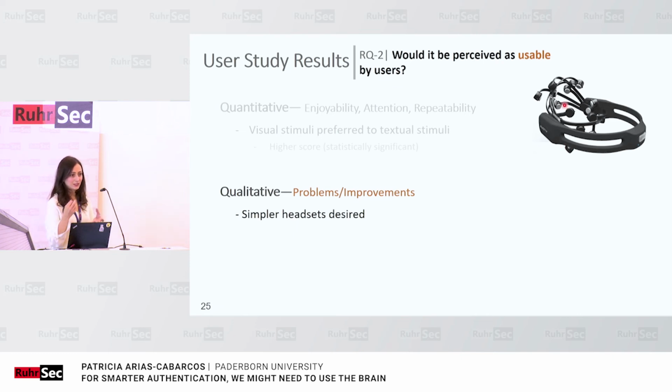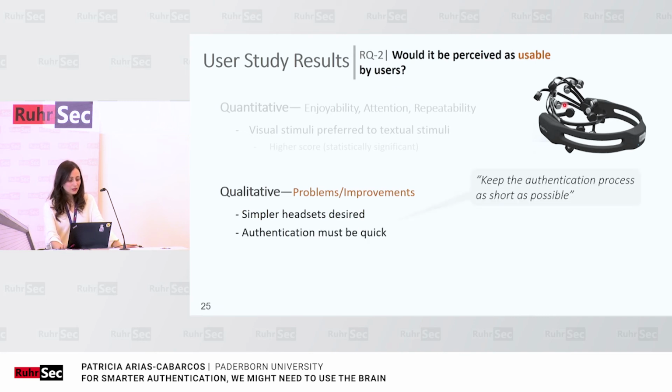So you have to hydrate them before using it, and if they are not correctly hydrated, then the connection is not good. And then you have a connection checker to see which sensors make good contact or not, and if you have a lot of hair, that can also be challenging. So they were calling for a simpler headset, and this is an important thing also related to the number of channels that I mentioned before. With 9, we can get good results, so maybe also simpler designs.